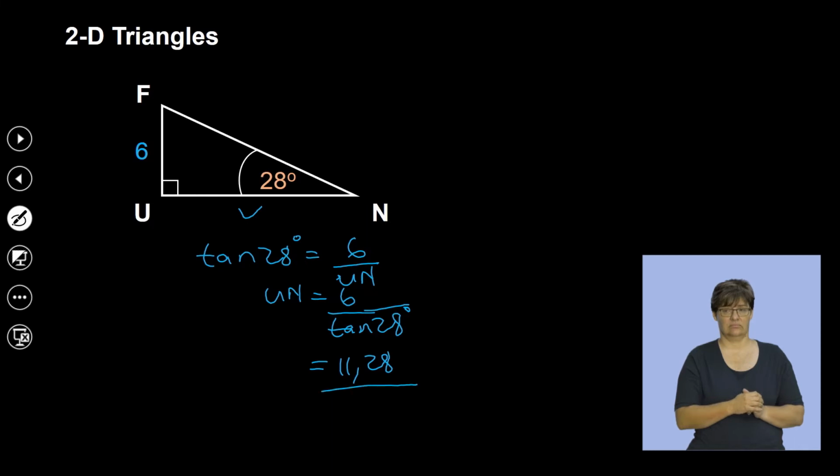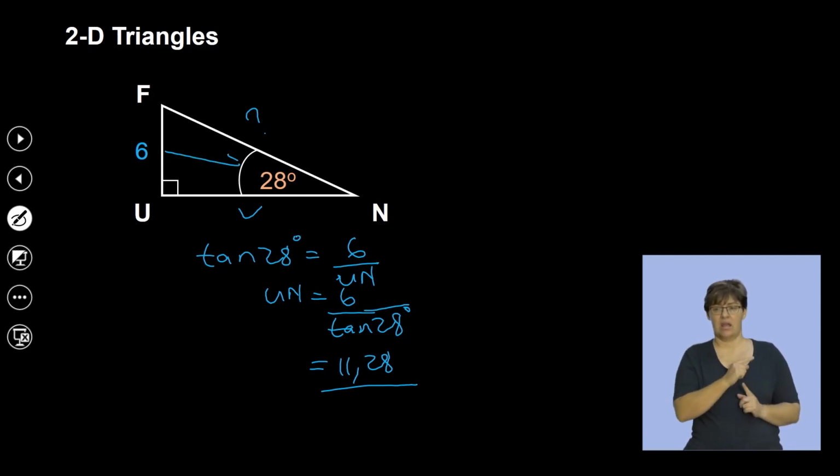So this will be 11.28. And then if I want to find now FN, which is the longest side, I will use sine. Why? Because I'm given the opposite side in relation to the angle, and I'm trying to find the longest side of this triangle.